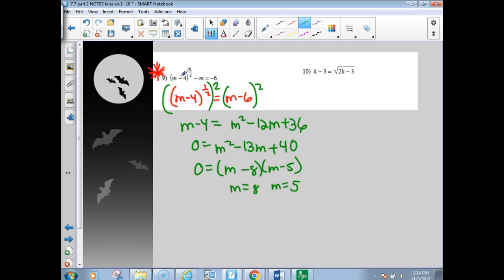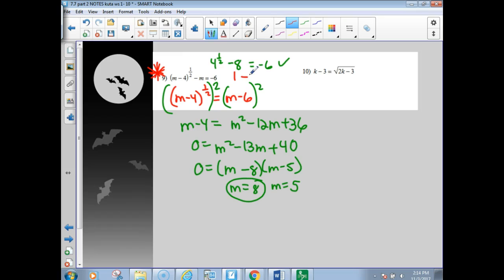If I substitute 8 back in, 8 minus 4 is 4, 4 to the 1/2 is the square root of 4, which is 2. 2 minus 8 will equal -6. So that one checks out. If I put 5 back in, 5 minus 4 will give me 1.